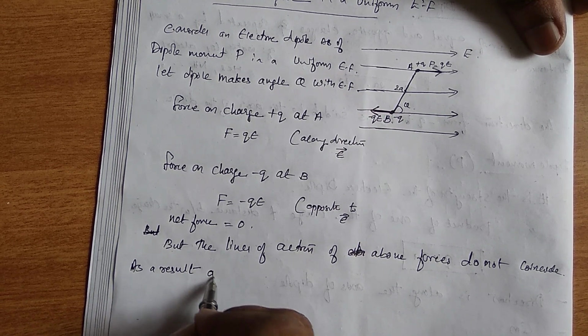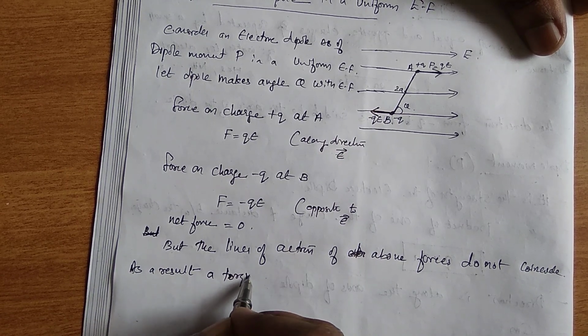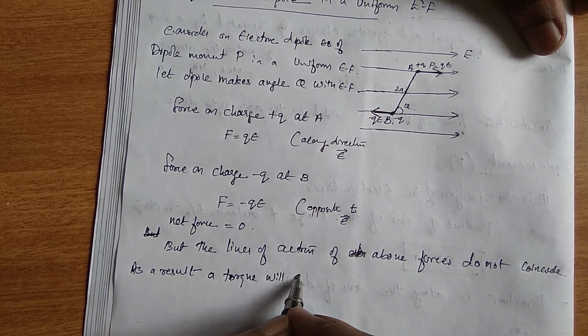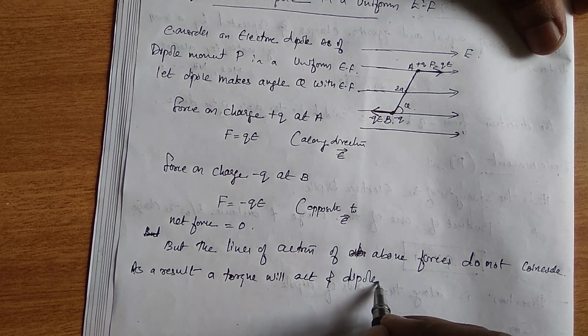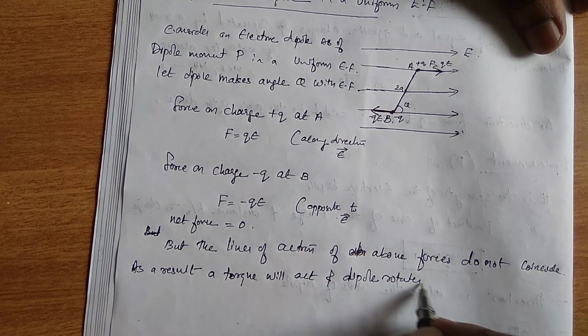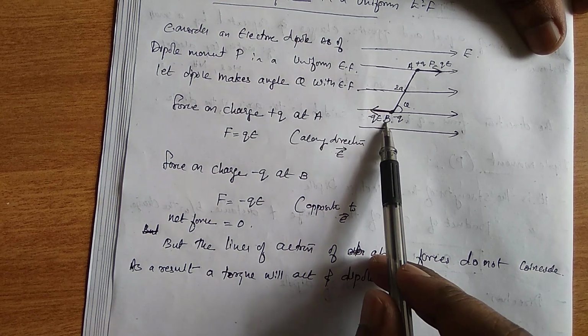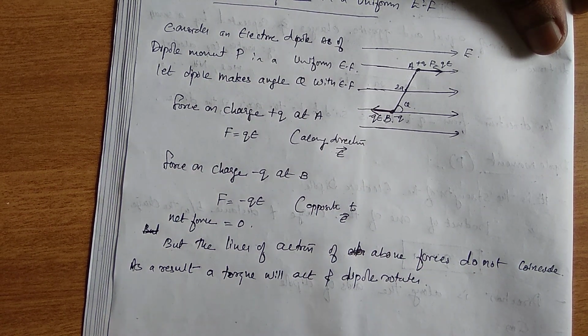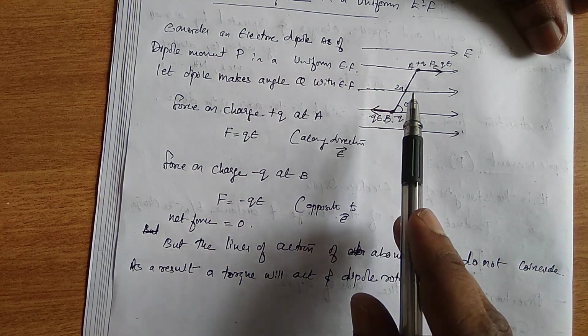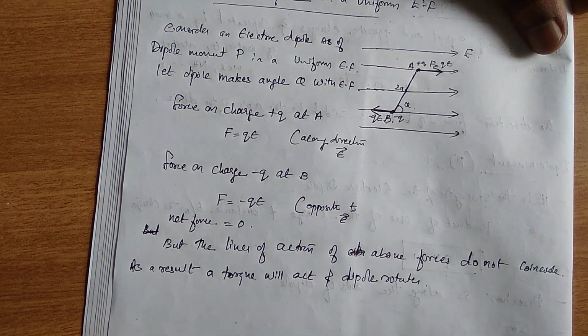As a result, a torque will act and the dipole rotates. Two equal and opposite forces, so net force equal to 0. Then a torque will act because of the equal and opposite forces.